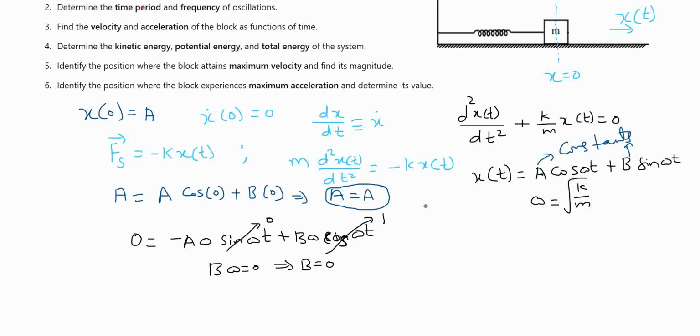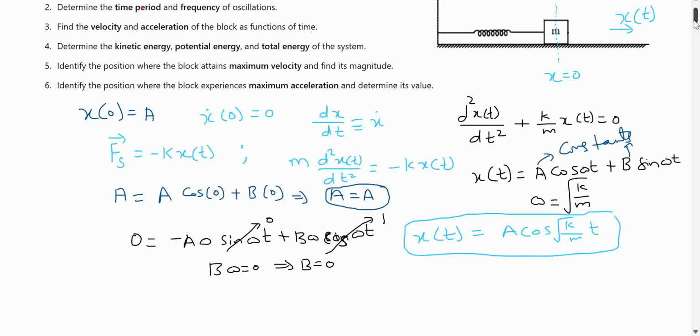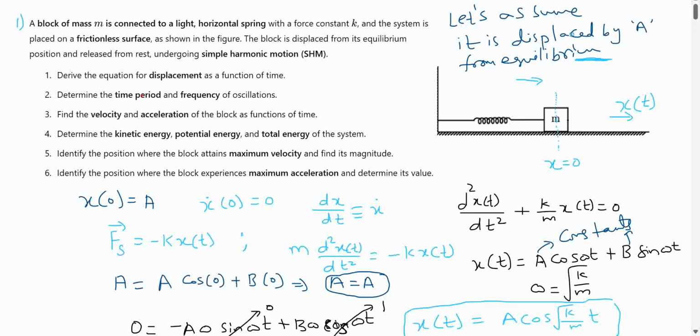So now we got x of t equal to A cos of omega t, where omega is under root k by m. This is the displacement that we got. So we have solved the first one.